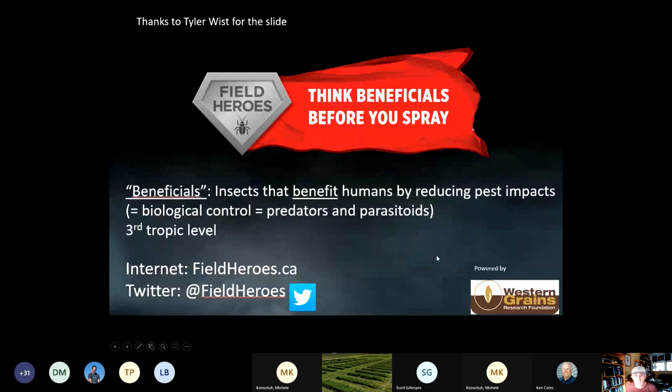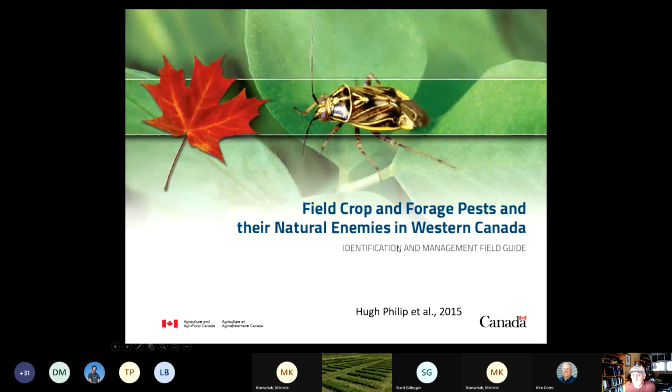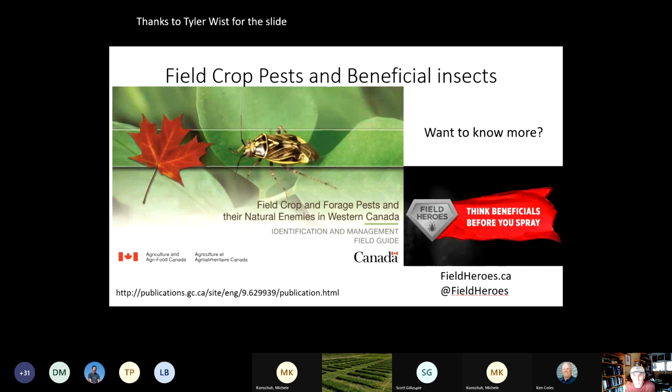there's the Field Heroes banner. If you go to fieldheroes.ca or prairiepestmonitoring.ca, you can find out the latest on not only the pests and their distributions and abundance that year, but projections and the natural enemies. So this is the identification guide I mentioned. Hugh Phillip and a group of entomologists made it.